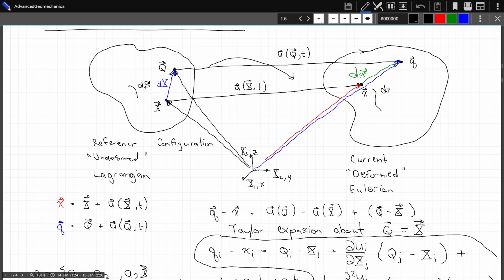We just wrote that down, and then we did a Taylor series expansion about the point q equal to x, or another way to think about that is about dx equal to 0, right? Basically what we're doing is we're looking at things in a small neighborhood of the point x, right?